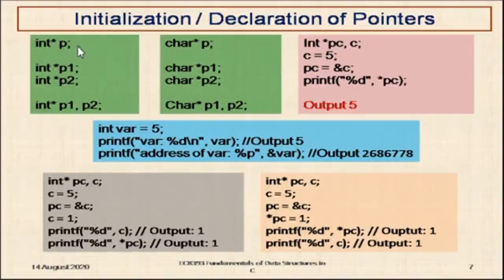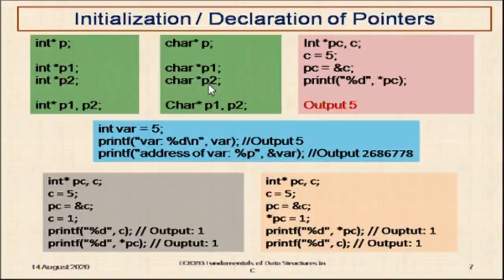This is also a correct version of declaring the pointer variable. Or we can do like this, int star p1, int star p2. So two are pointer variables. Or otherwise we can do the same thing in a single statement, int star p1 comma p2. So these are different ways here also.